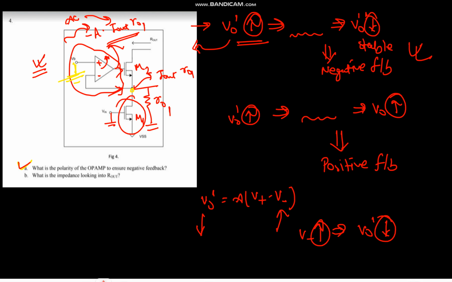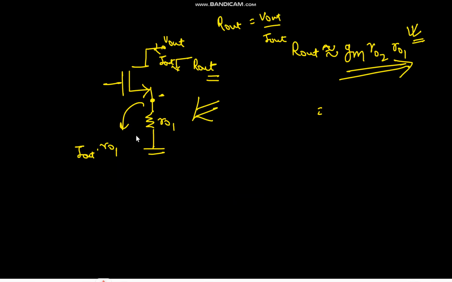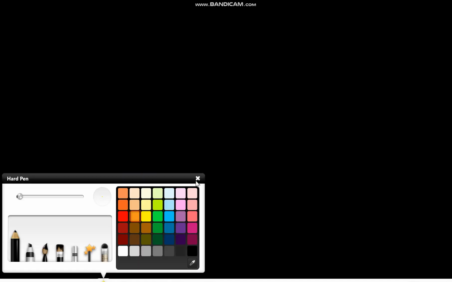Now I will solve it in rough once, and then we'll tell you the answer. So let me try it once. Yeah, so I just solved this circuit in my rough notebook. It goes something like this. First I drew the small signal model. Here we have the GM VGS current. Here we have 1 upon GM resistance.